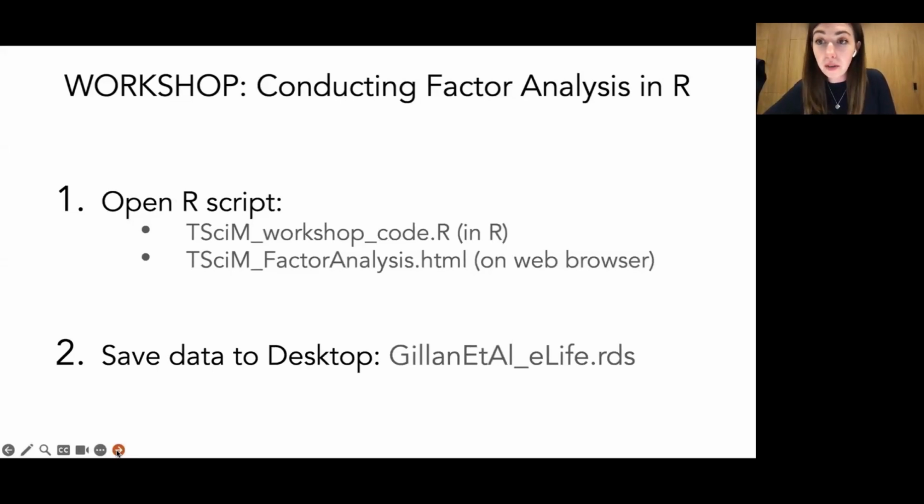If you have R and RStudio downloaded onto your device, you can open the workshopcode.org and also download the data, which is Gillan et al. eLife.rds, and ideally just save it to your desktop so you don't have to change the path. Or if you don't have RStudio, open the HTML on your web browser, and then you can also watch as I'm going through the script on Zoom.